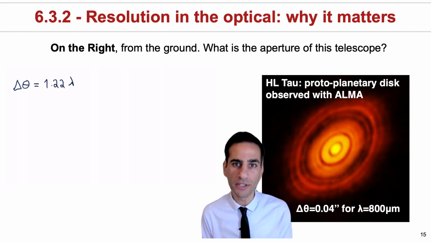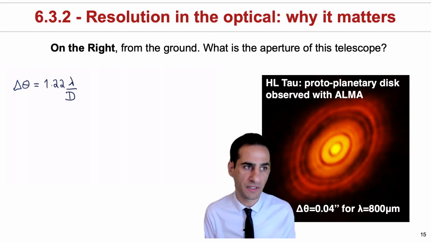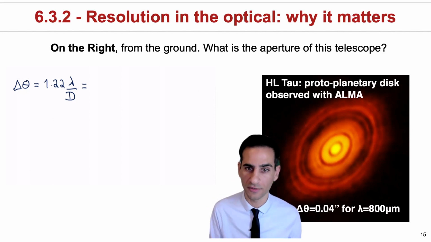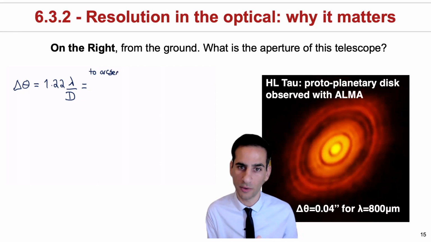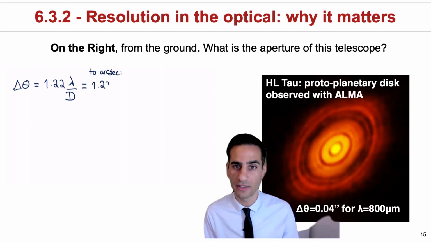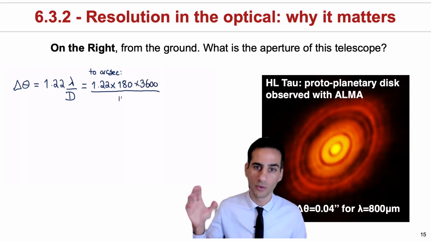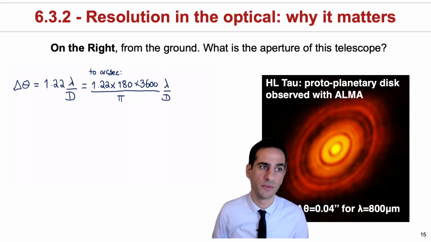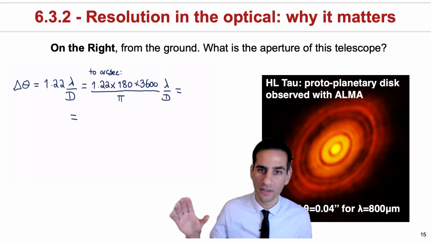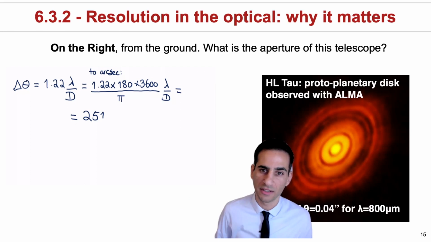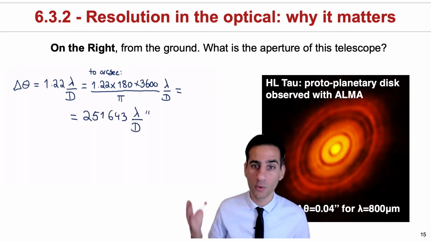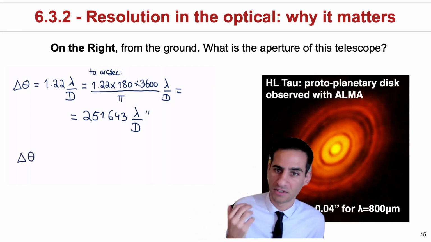In order to calculate the aperture of a telescope, given some resolution as you see here and some lambda, we could just use the Rayleigh criterion, essentially 1.22 lambda over d. And it's good to reinforce the fact that if you want to use that formula with wavelength and diameter in the same units, as you should, then you need to either convert this to radians, or you can convert the formula to arcseconds, like I'm doing right now. If you do it, you'll get a formula that is essentially 250,000 times lambda over d, where lambda and d in this case could just be in meters.